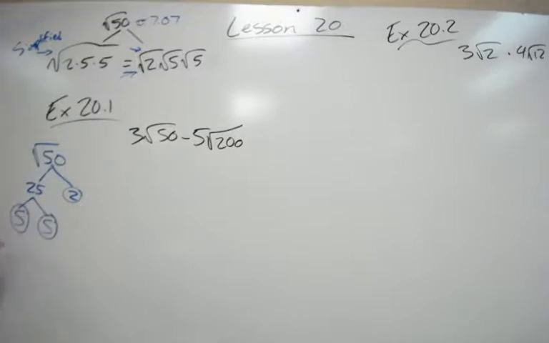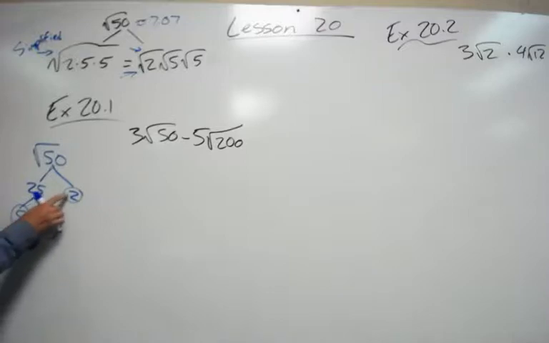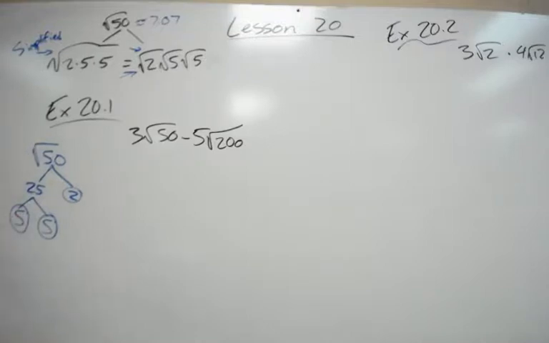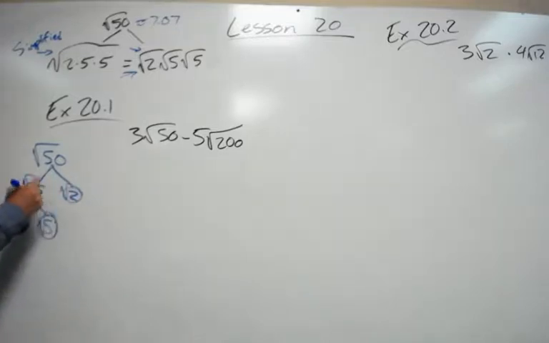Now if you notice, if I was to multiply all my prime numbers that are in the family tree of 50, 5 times 5 is 25, times 2, 50. So these are kind of the basics of the radical. Now, all of these are still under the radical in a sense, because it is radical 50.